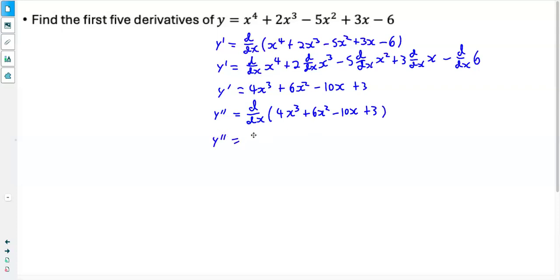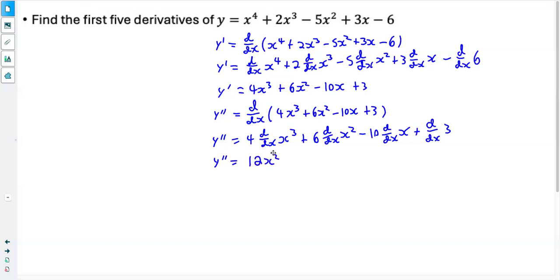So our second derivative is, actually, sorry, 4 times d/dx of x cubed plus 6 d/dx of x squared minus 10 d/dx of x plus d/dx of 3. So our second derivative is 12x squared plus 12x minus 10.